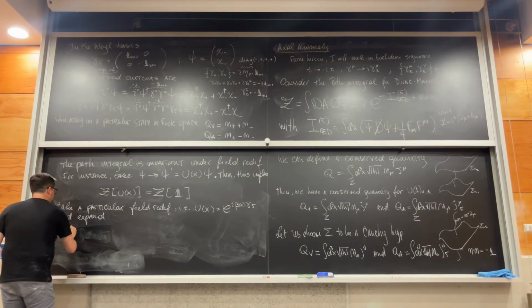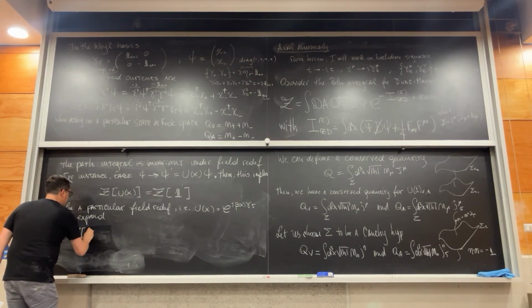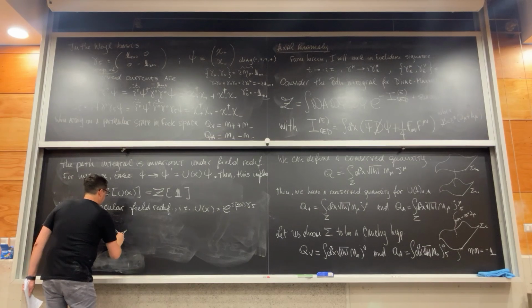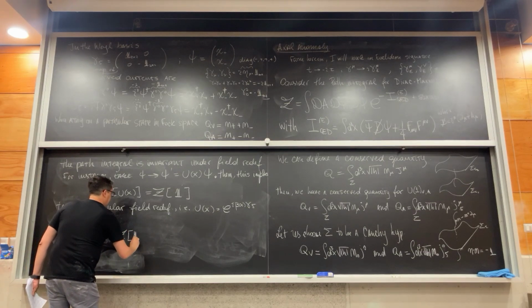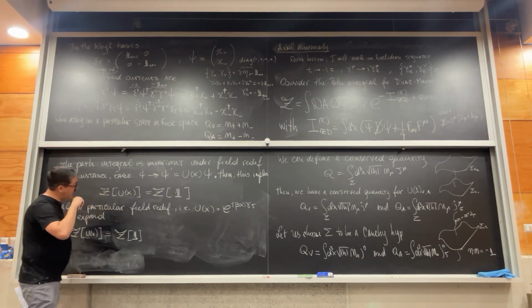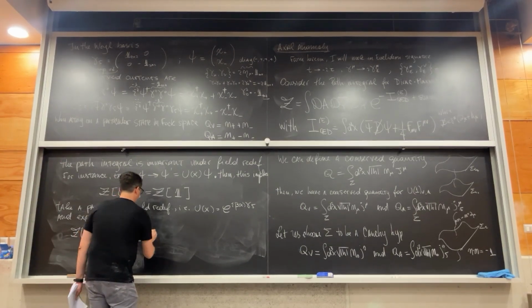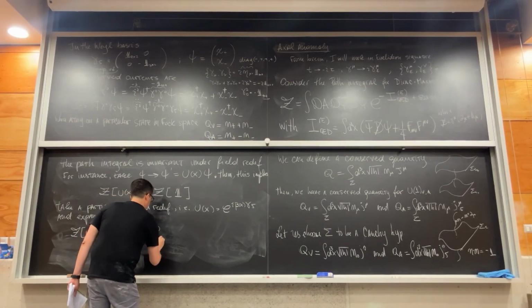So the first one will give us 0, 1, and this is a functional, so we need to perform series expansions in a functional way.